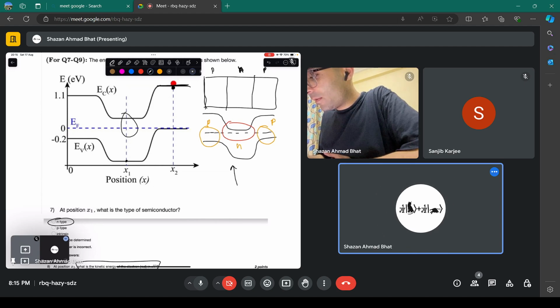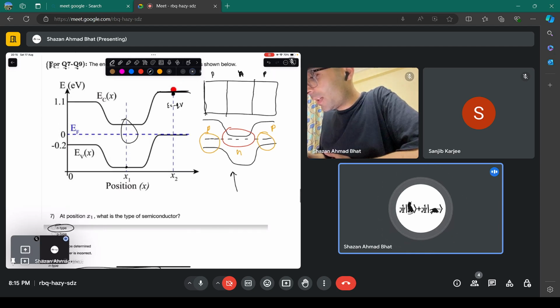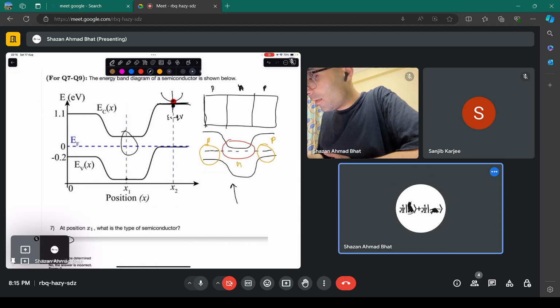And energy is minus q times V. In the E-k space, this is basically the bottom of the parabola. You know that the kinetic energy of the electron is h bar square k square by 2m. k is zero at this particular point, so E is zero.